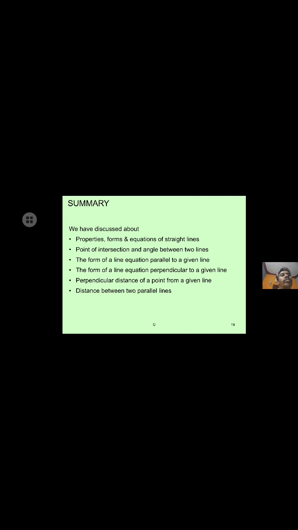Distance between two parallel lines, which we already knew, is modulus of c2 minus c1 by under root of a square plus b square. Here c1 is the constant of the first equation, and c2 is the constant term of the second equation.